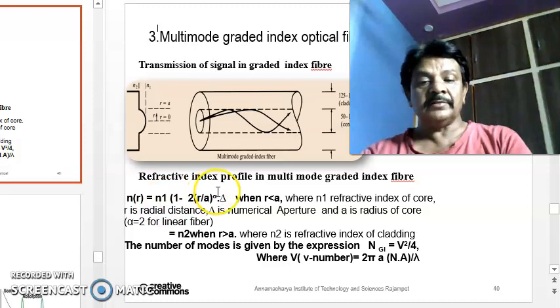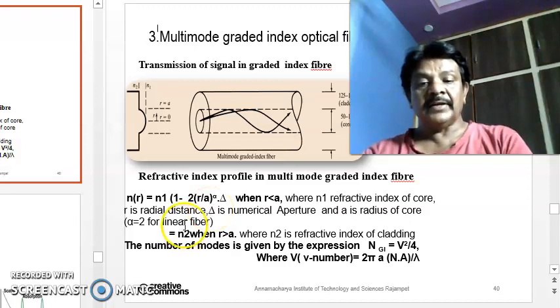The refractive index profile of a gradient index optical fiber is given by n of r is equal to n1 into 1 minus 2 into r by a whole power alpha into delta when r is less than a. That means n1 is the refractive index of the core; as r increases, the term 1 minus 2 into r by a whole power alpha also decreases.